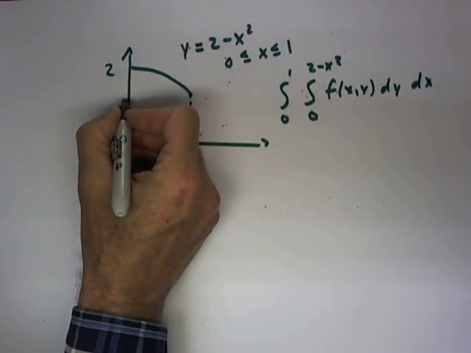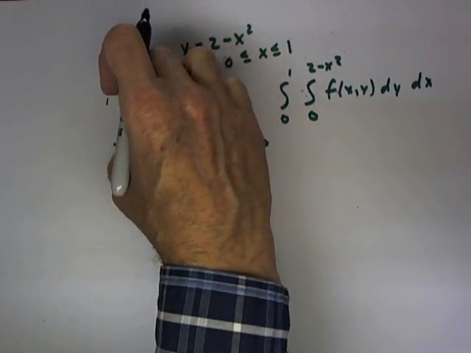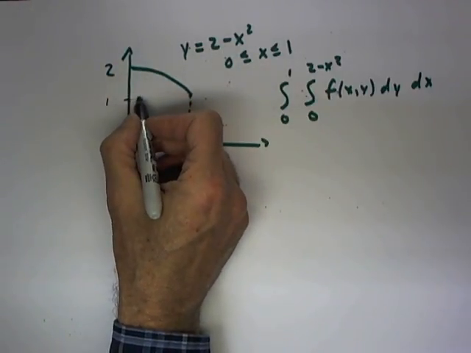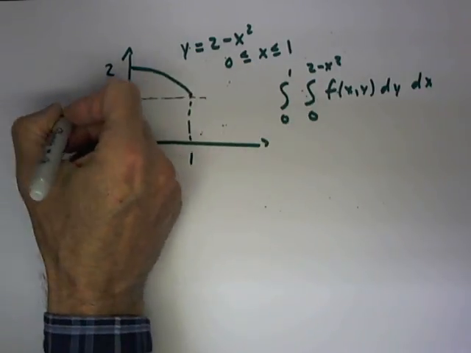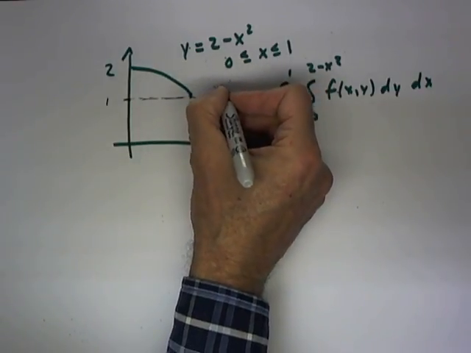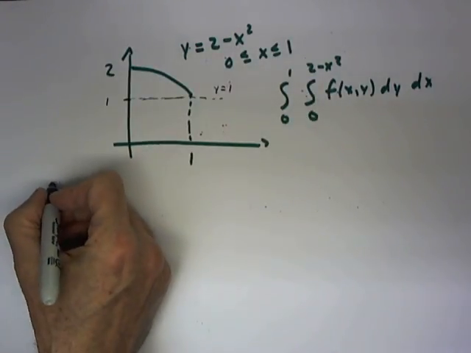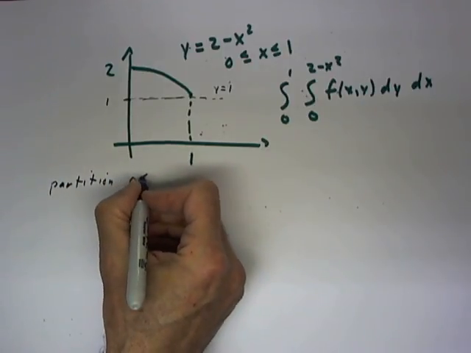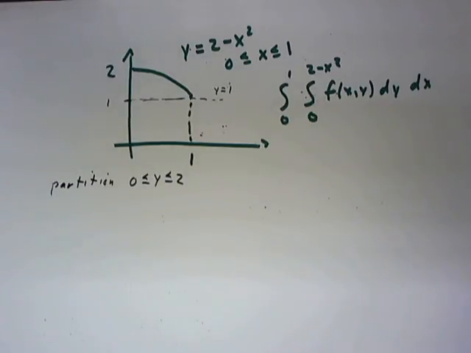I haven't drawn this very well to scale. This one seems to be bigger than this one, but consider this a schematic. But along the line y equals 1, if we begin by partitioning y, we want to partition the interval from y equals 0 to y equals 2.